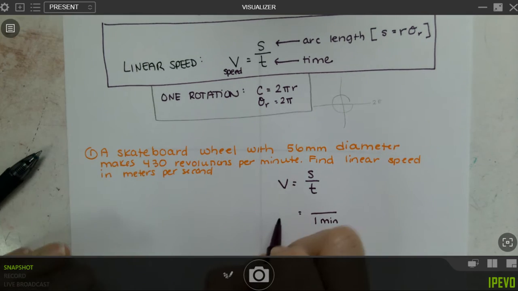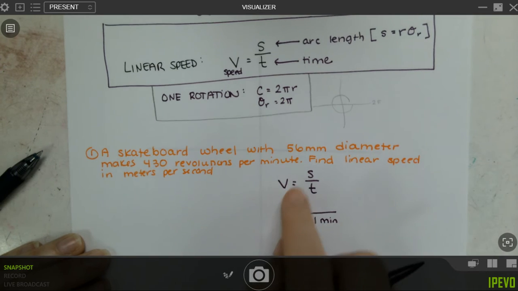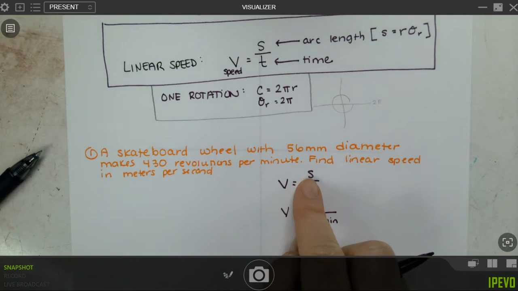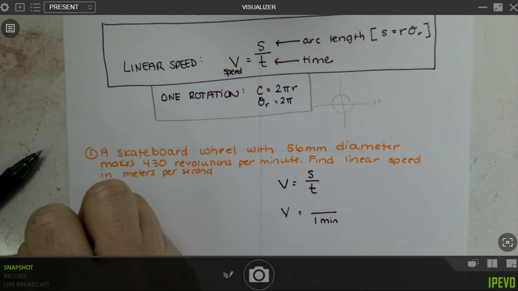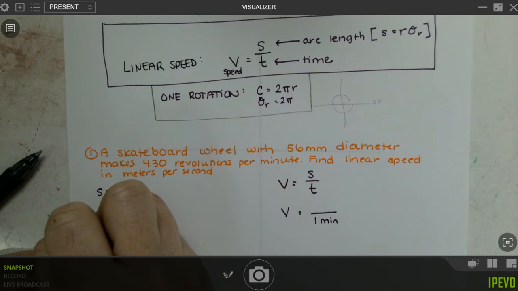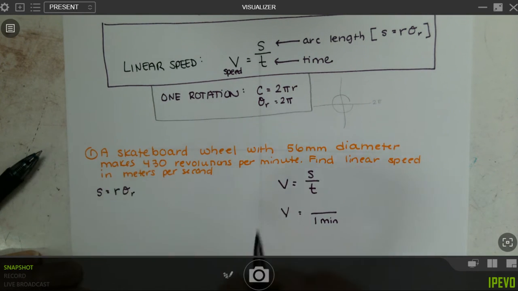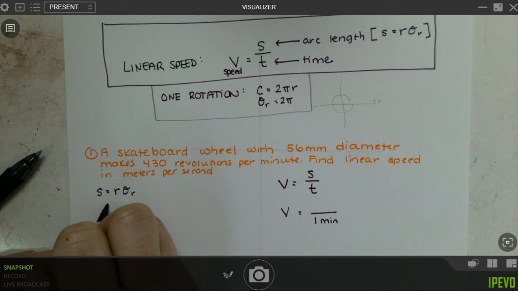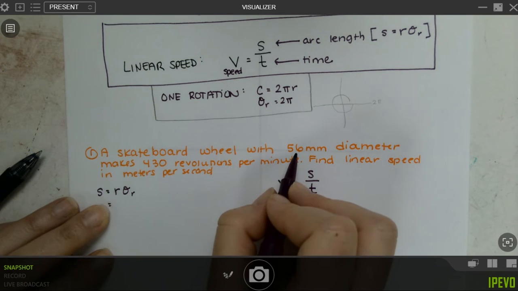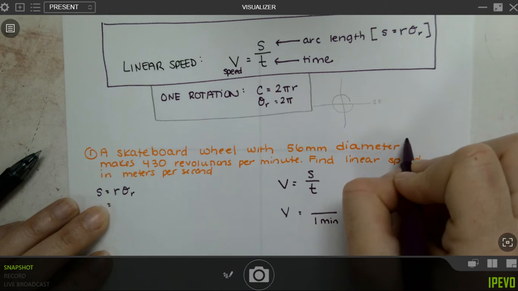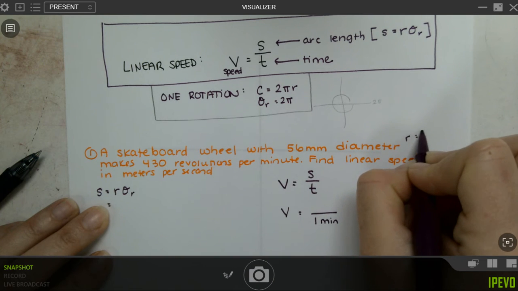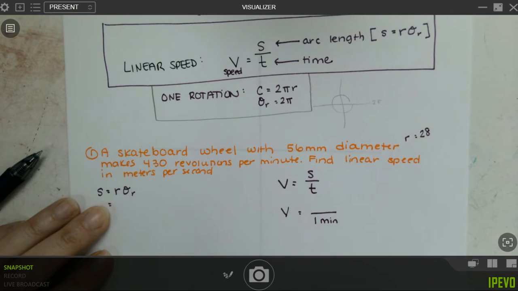We don't know the speed, and we need to find the arc length. Arc length is the radius times the measure in radians. The radius is not 56, that's the diameter. So the radius is 28, 56 divided by 2.